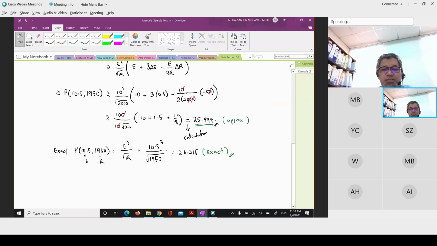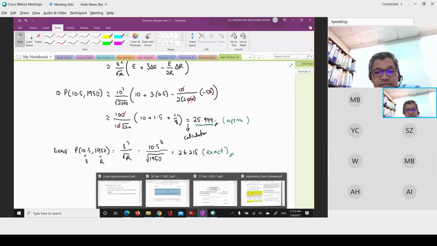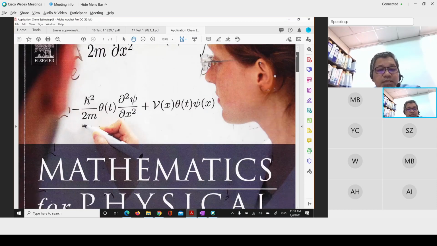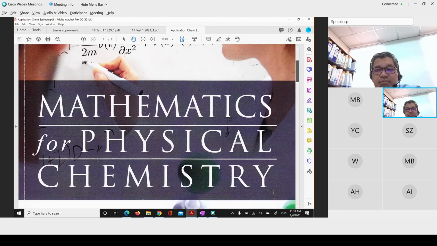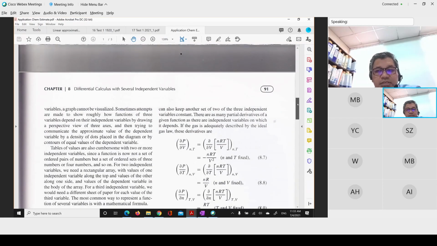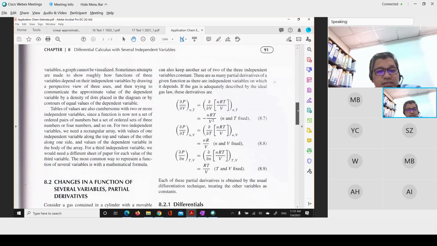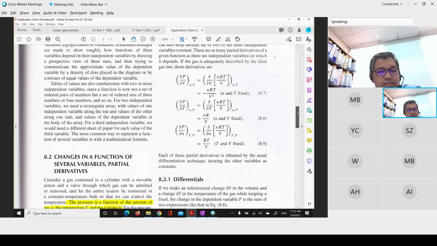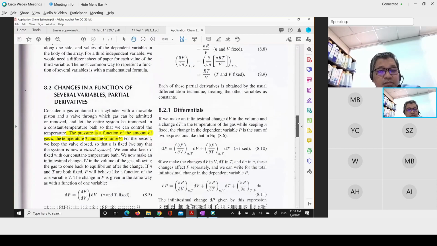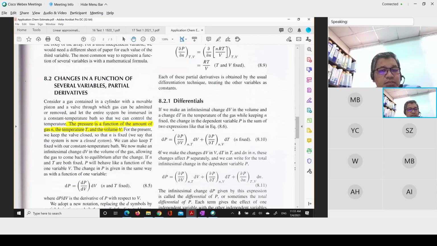I asked that question myself, and I found an interesting answer in one book here, Mathematics for Physics, Chemistry. I sometimes also teach physics students and chemistry students. This book discusses applications of functions of several variables in chemistry and physics.